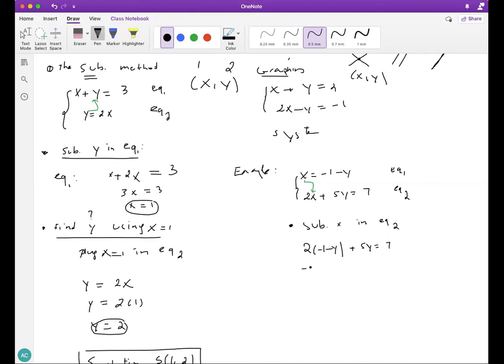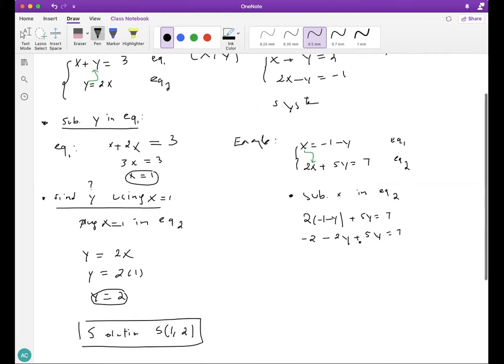First we distribute. So -2 minus y plus 5y equals 7. Okay, I'm going to combine like terms here. -2 plus 5, that's positive 3y, and 7, minus 2, minus 2 on both sides.